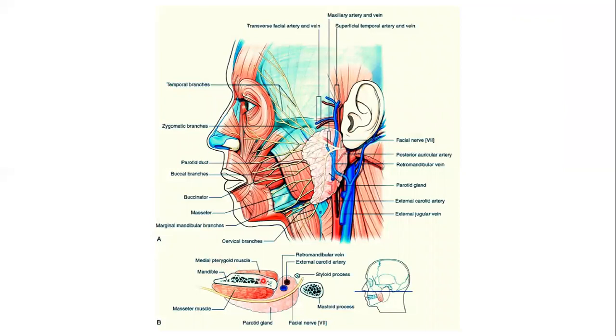Here you could see again, I told you already, these are the contents of the parotid gland. Here you could see retromandibular vein, external carotid artery, and this is the facial nerve. You could see various structures present over here in this parotid gland. So this I told you already. Again, I'm telling you. So if you focus over here, please. And this is the external carotid artery going above.